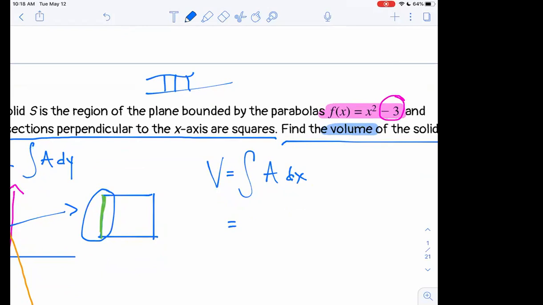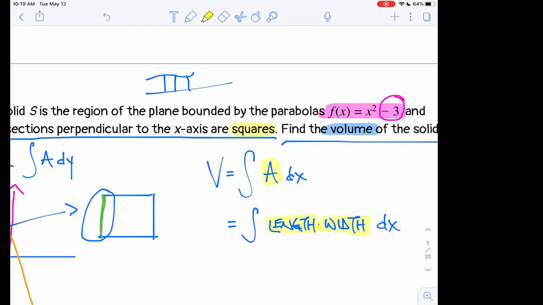Length times width. Length times width, yes, okay. So I'm going to rewrite my equation, but I'm going to have the integral of length times width dx, okay? And so what I'm saying, based off of what you told me, is that the area of the shape I'm interested in, the square, is length times width, okay?